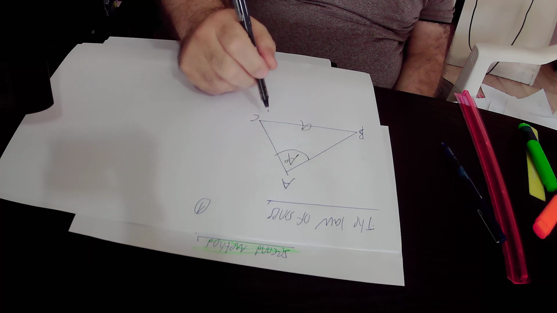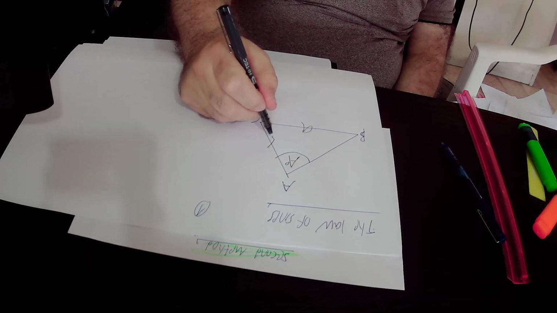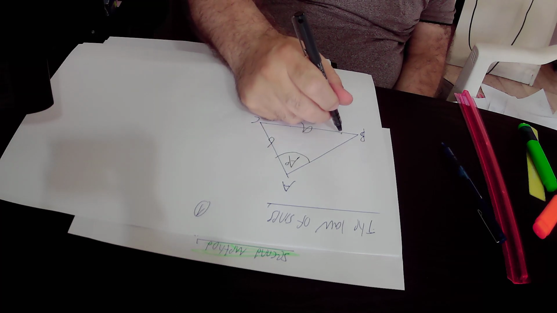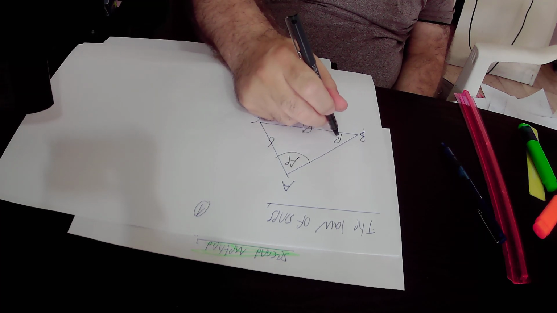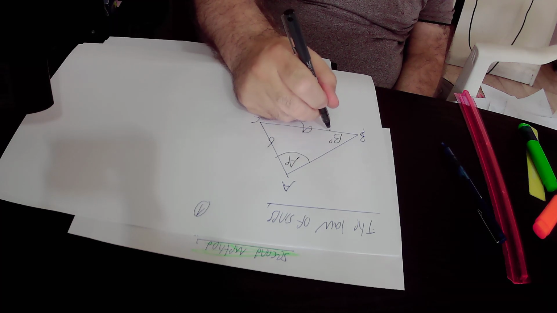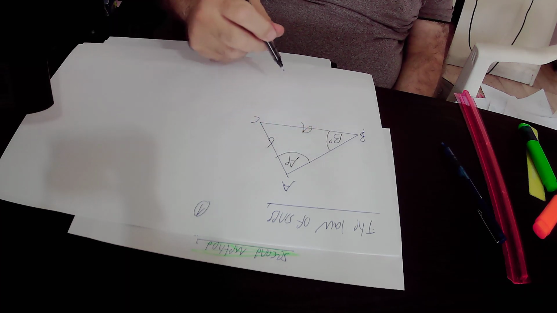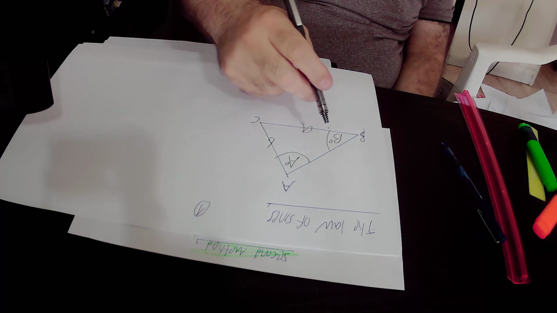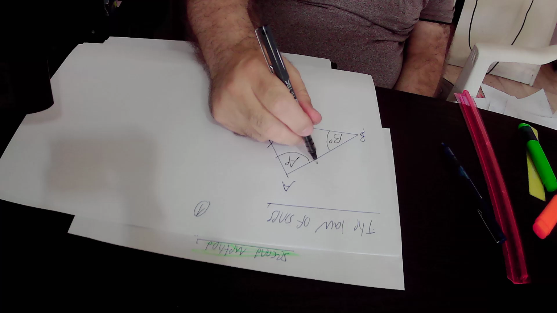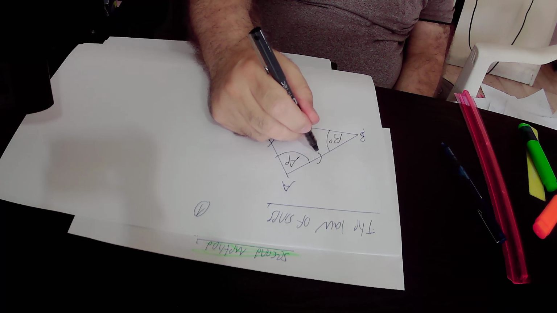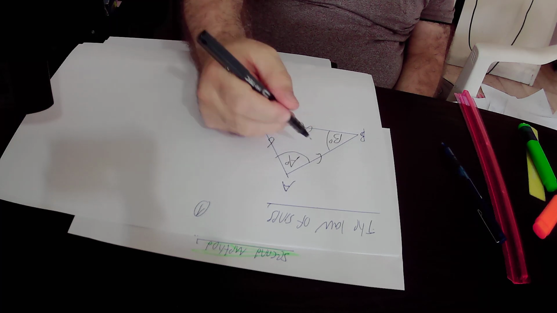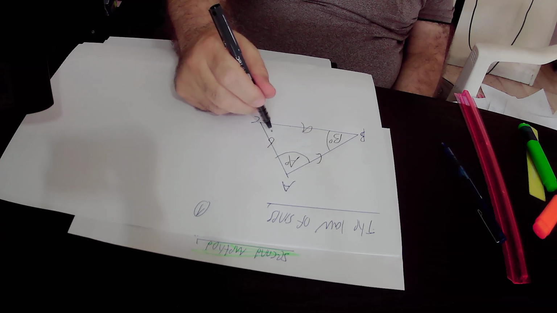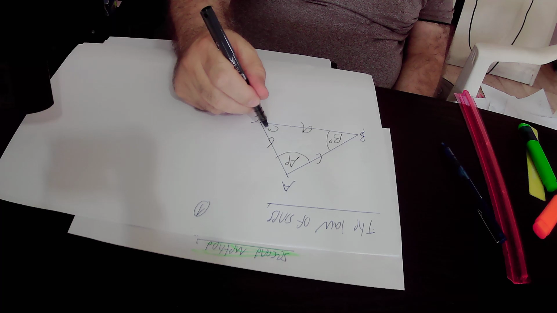Side AC equals b units in its length. And angle ABC equals capital B degrees in its size. And here side AB equals c units in its length, and angle ACB equals capital C degrees in its size.